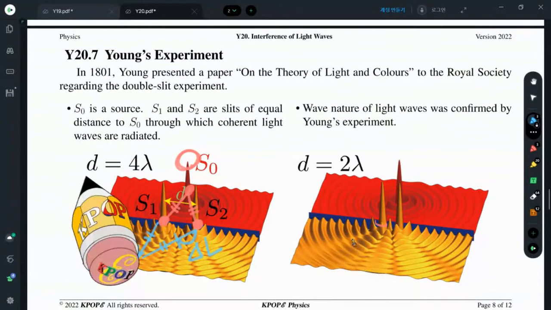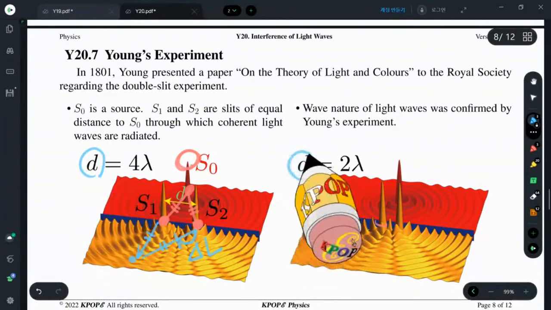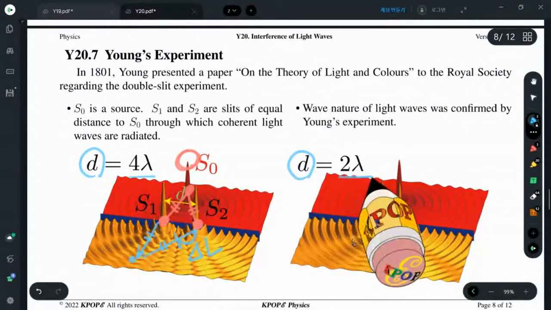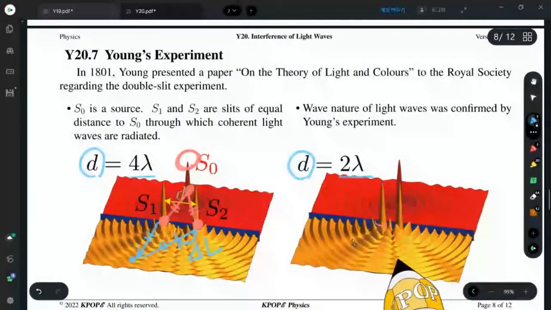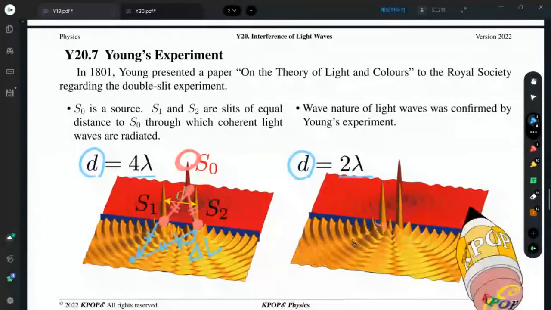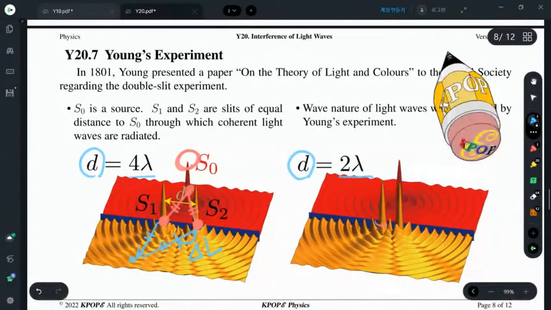You will find that with distance d equal to 4 lambda or 2 lambda, the diffraction pattern is magnified in this case rather than this.